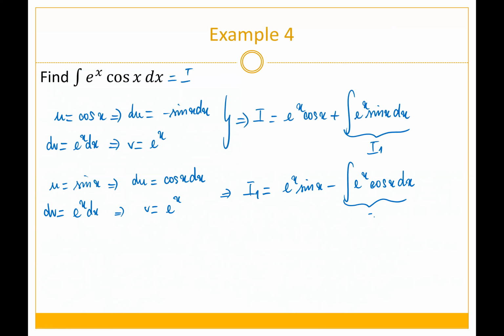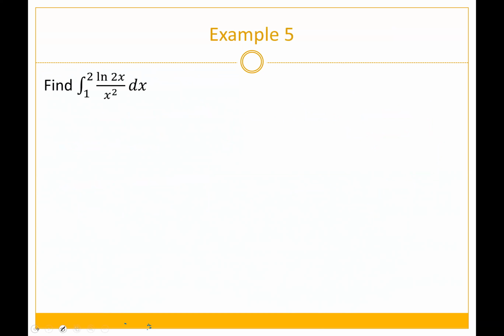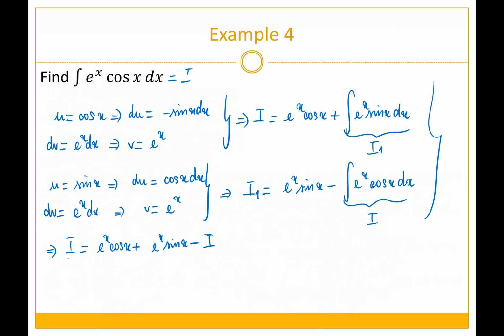So this is I. What happens if we combine these two is that we have I equals e to the x cosine of x plus e to the x sine of x minus I. One of the things you can do once you get to this point is move this I over to the left.